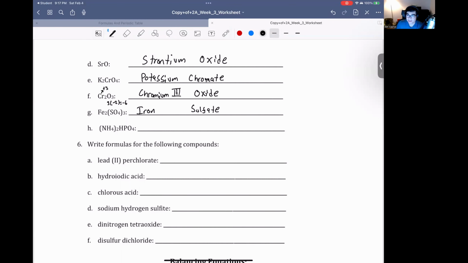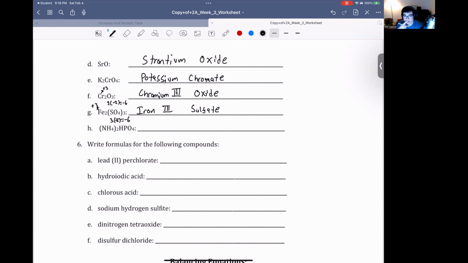SO4 typically has a -2 charge, or 2- charge, and there's 3 of them. These contribute a -6 charge all together. If those contribute a -6 charge, the iron, there's 2 of them, they have to offset that -6 charge. This is going to be iron(III) sulfate. These both have to be a +3 because this is neutral.